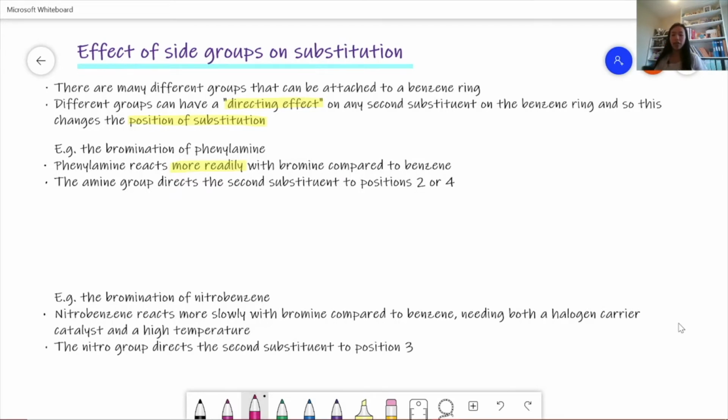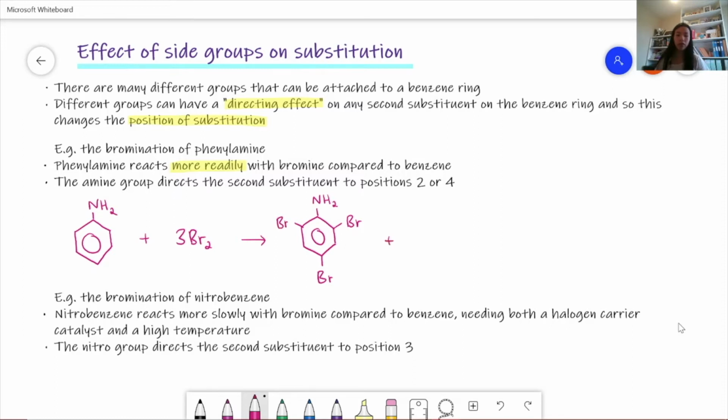So what we have is phenylamine, and this reacts with some bromine. And then we have benzene again with the amine, and also we have a bromine here and a bromine here and a bromine here. And we also form 3 hydrogen bromides.